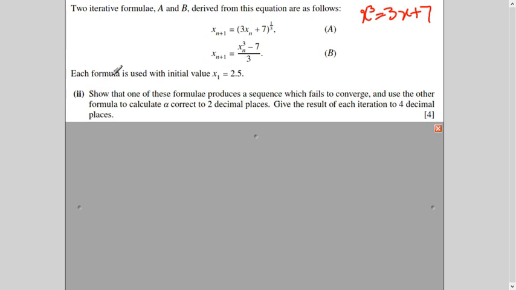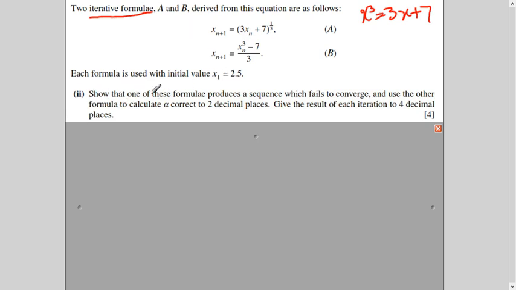And the question is saying, for each formula you will start with 2.5. This is your initial value, because when we are using an iterative formula, one initial value is given to us. If not, we find it out ourselves. Mostly in the Cambridge exam, it is given to you, and then you try to get the answer.